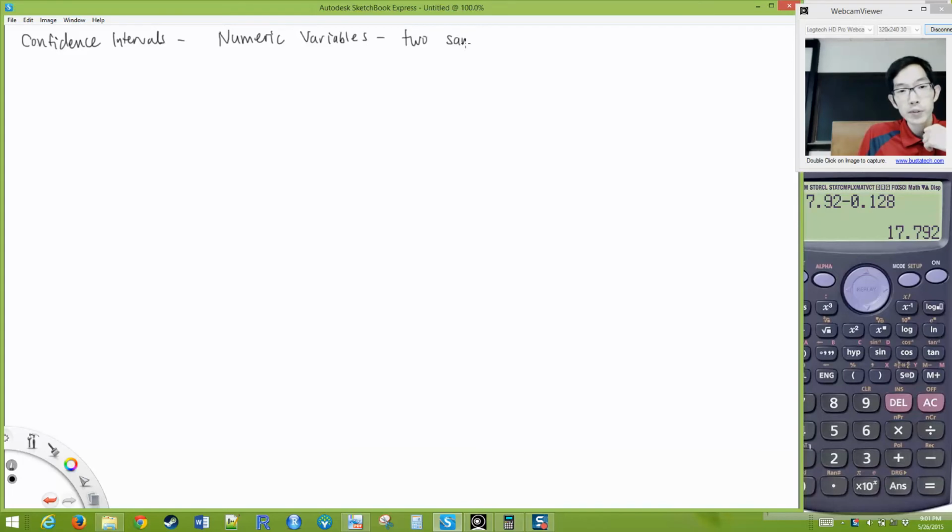Before we took the break, we did confidence intervals, numeric variables, 1 sample. Now we're going to do confidence intervals, numeric variables, 2 samples. The idea here is we take 2 samples, each from different populations.